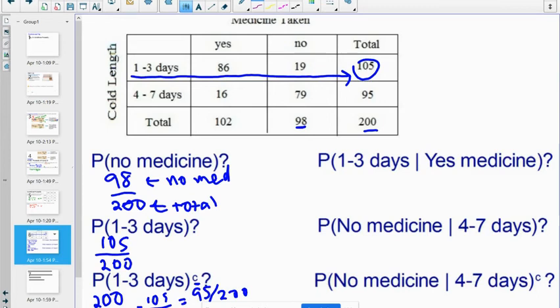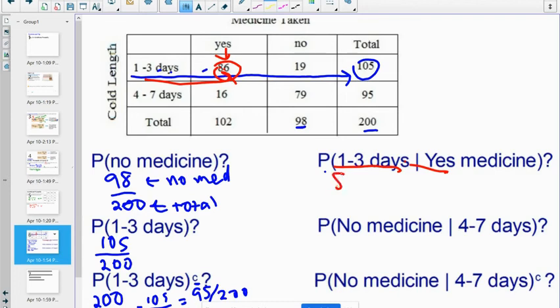So now the probability of 1 to 3 days given that someone has been taking medicine. Remember, it's the probability of both over the probability of the given. So 1 to 3 days is here, and that's going to meet up when we have yes. So 1 to 3 days and yes meet up here at 86.